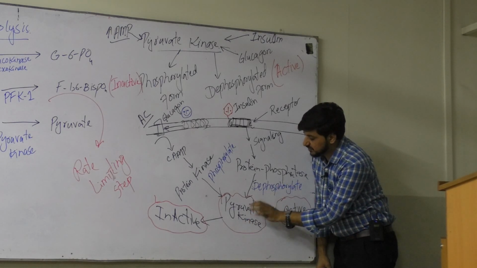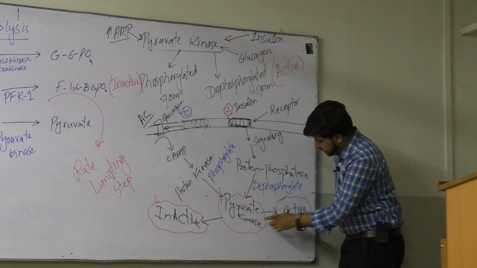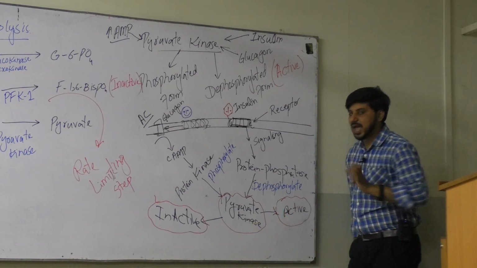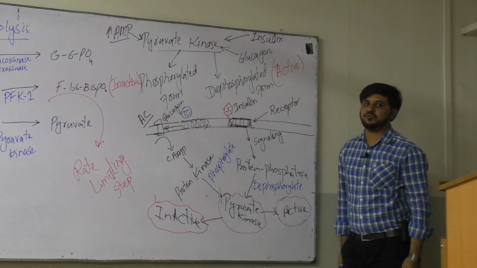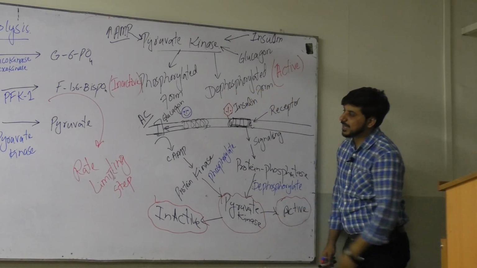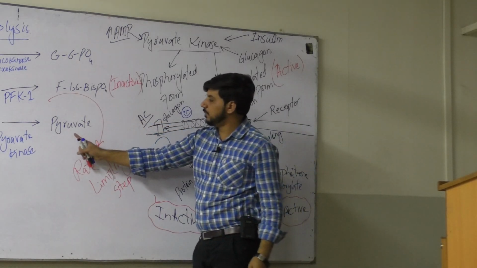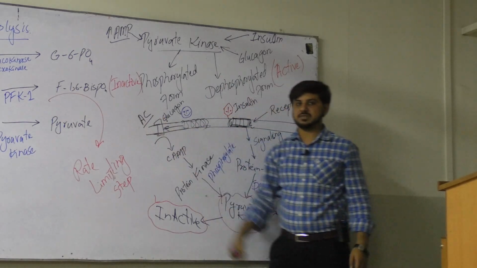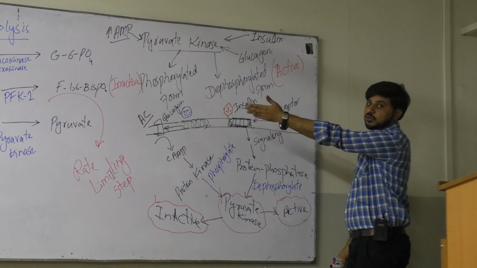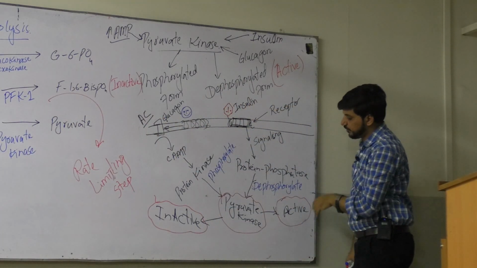When the pyruvate kinase is dephosphorylated, it becomes active, because I have told you that the dephosphorylated form is the active form. And when this enzyme becomes active, it will form the pyruvate molecule along with two molecules of ATP, because we have two molecules of phosphoenolpyruvate and two molecules of pyruvate.